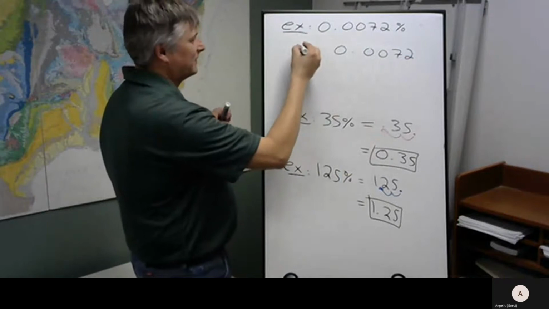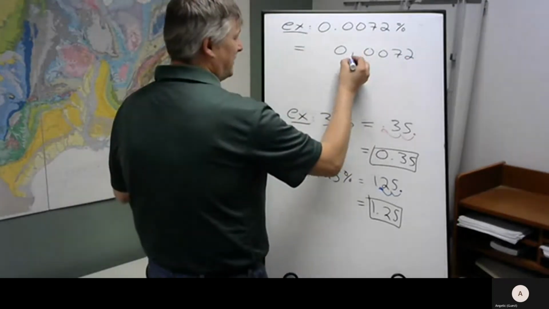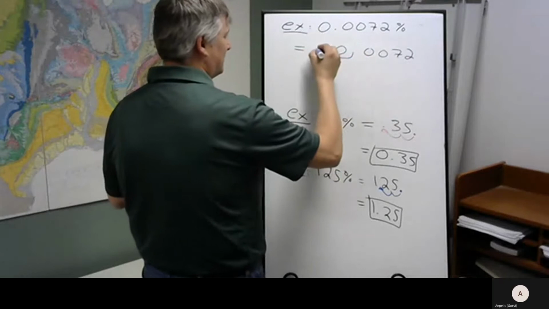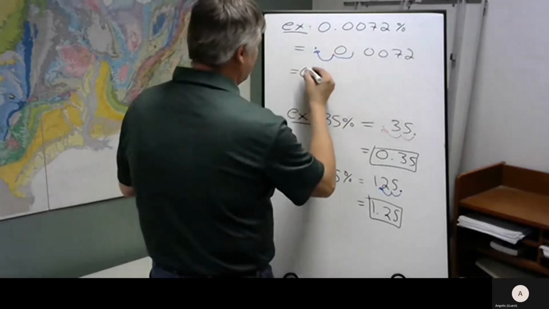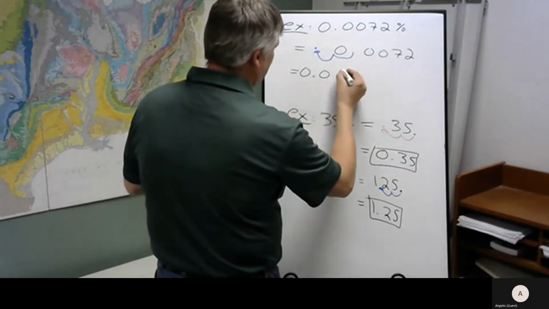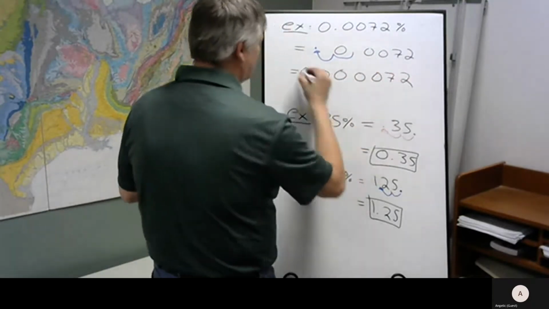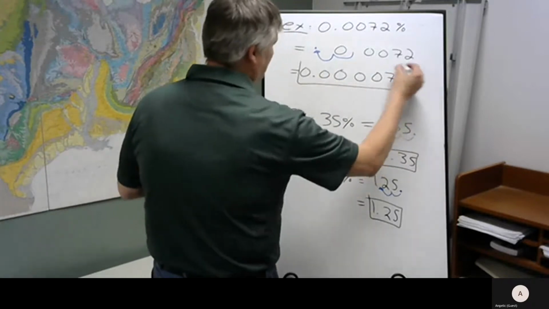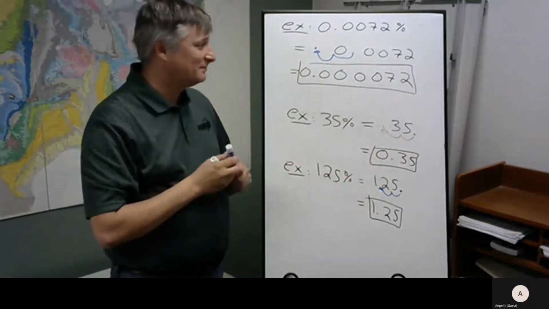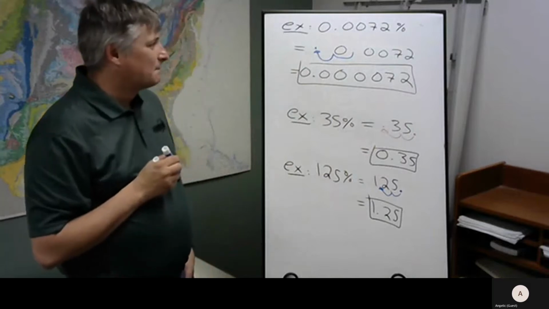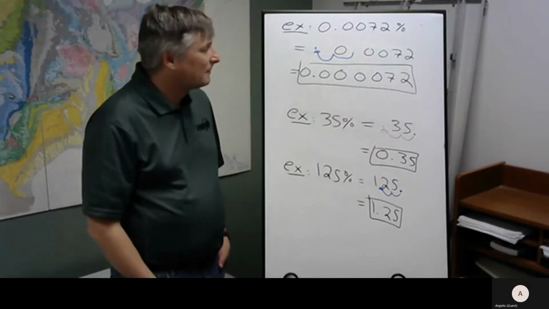A little more room here. So we're going to do this. Still go to the left. You're going to get something like that. So that's how we go percent to decimal.